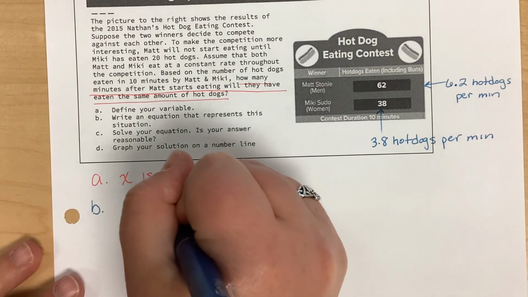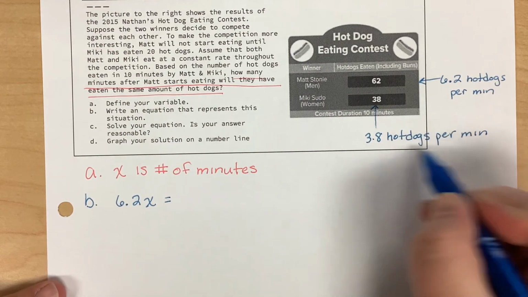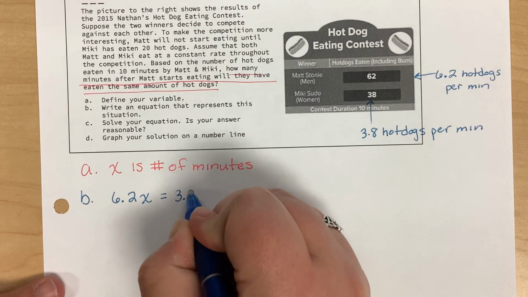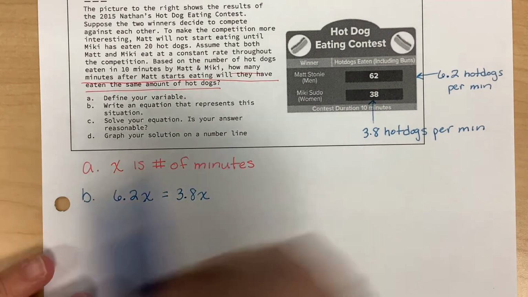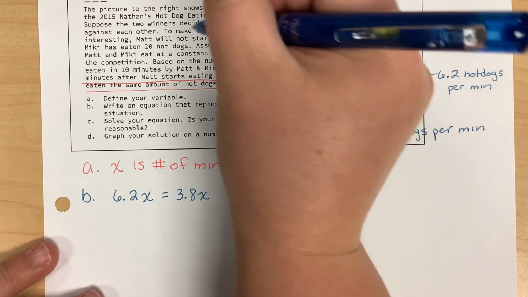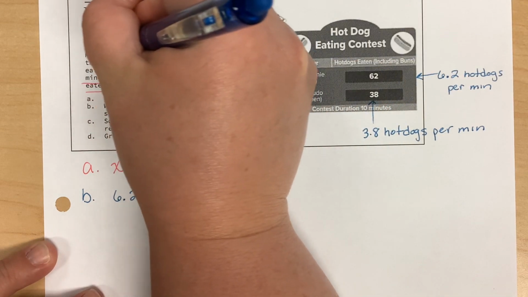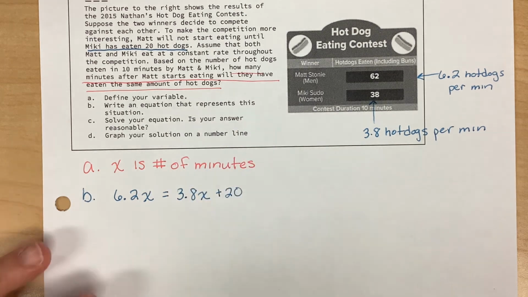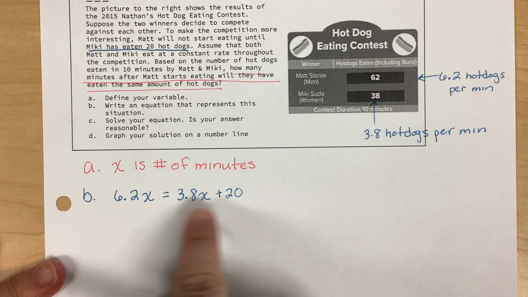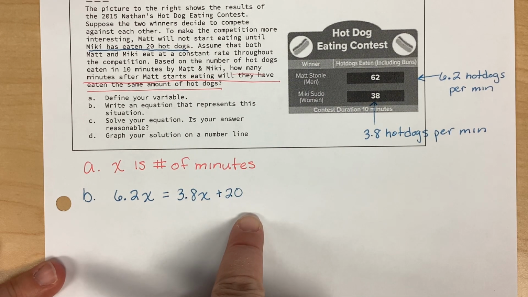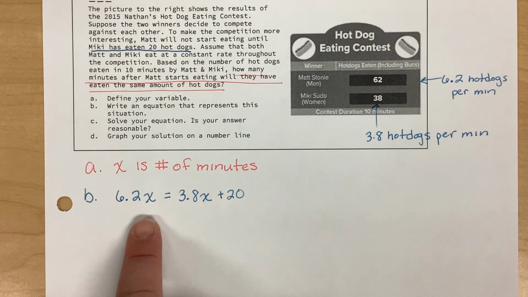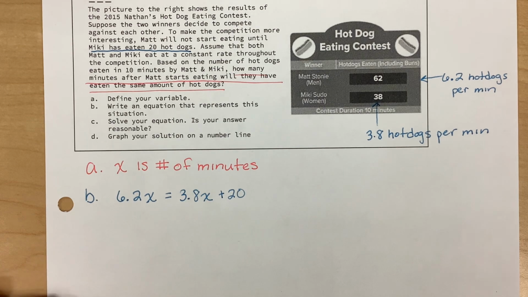So I'm going to set that equal to how many she eats per minute, which is 3.8, so 3.8x. But remember, I have to take into account that he's not going to start until she has eaten 20 hot dogs. So we're going to add 20 hot dogs to this equation because this represents Mickey. 3.8 per minute plus 20 before Matt even starts, okay? So that's our equation. Now let's go ahead and solve it.